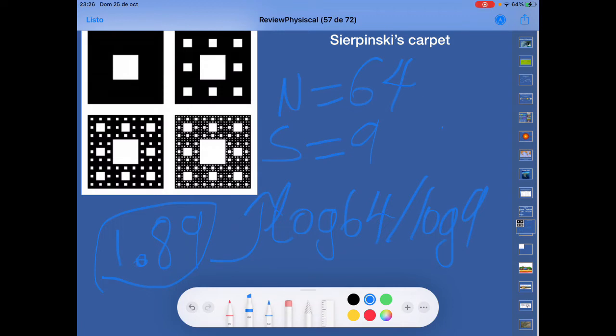And the same would happen if instead of counting all those small squares, I would just count, let's say, these squares here. And if I count the total amount of these squares that I have, I am going to have 8. So n equals 8.